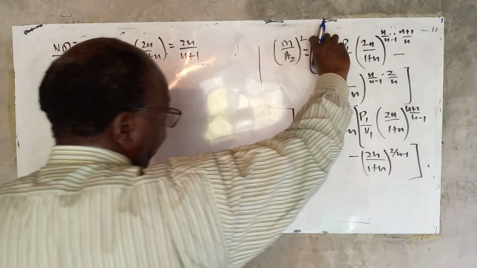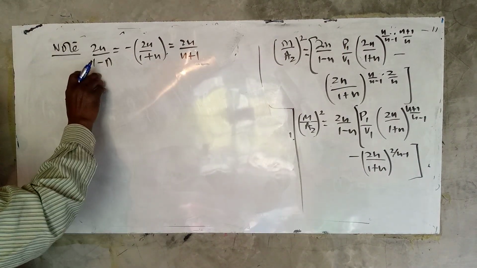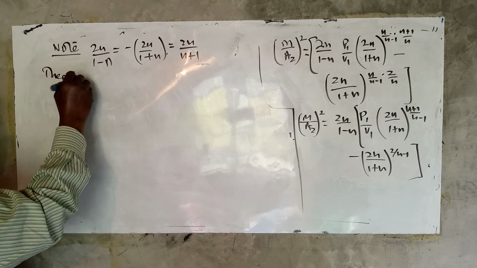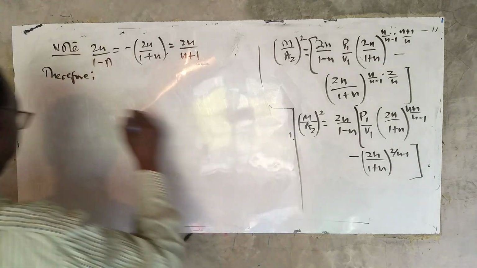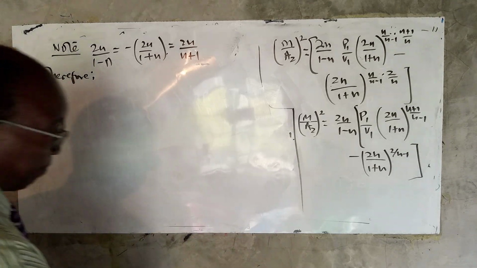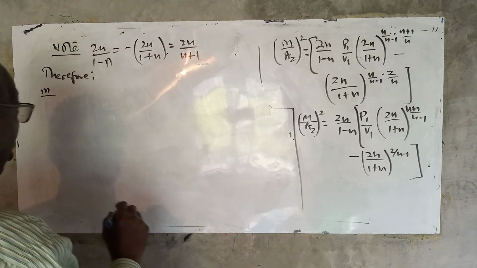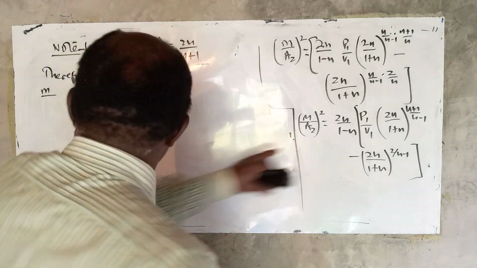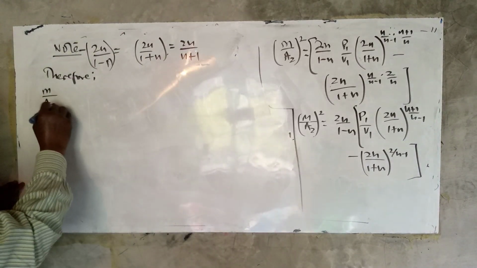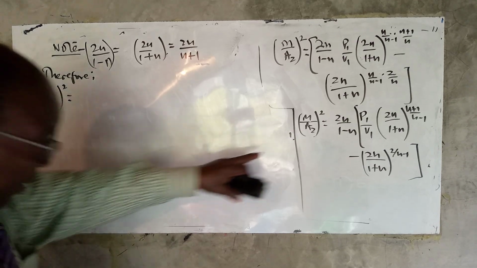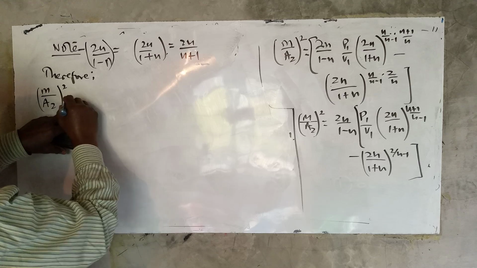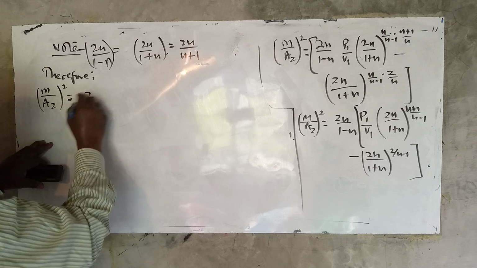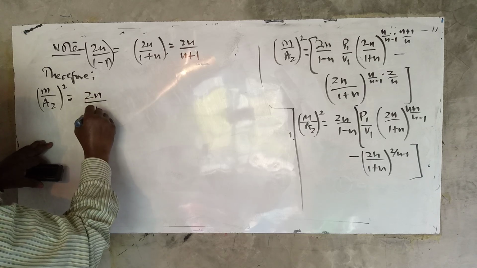So we can recast this expression. So you're applying it in that expression. Therefore, we have m over 2a2 squared is equal to, we take the minus of that, so we'll have minus 2n over n plus 1.